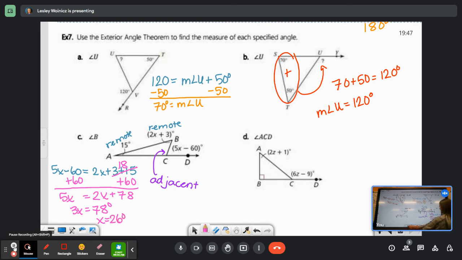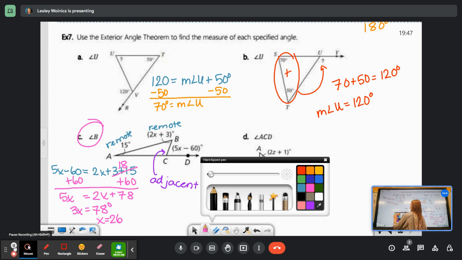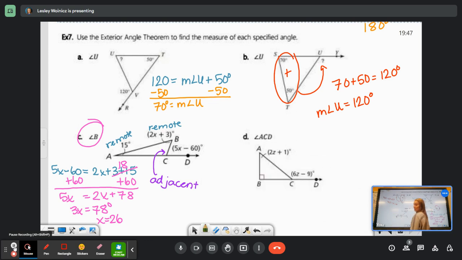Okay, before I get too excited, we're not done yet because we have to find angle B. So we have to plug that in. This is always when I would forget to plug it in as a kid and then be really mad at myself for only getting half of the points. So I have to do 2x plus 3, but we now know that x is 26.